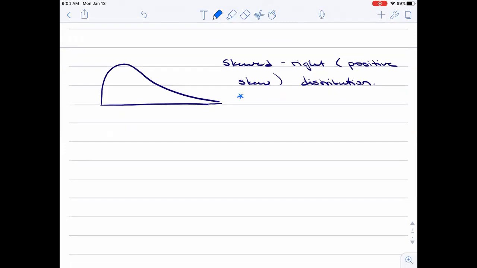I'll put a note here: the skew is always in the direction of the tail.